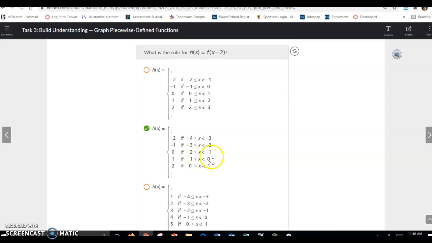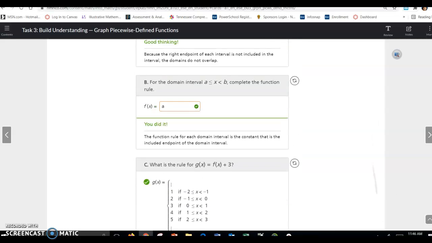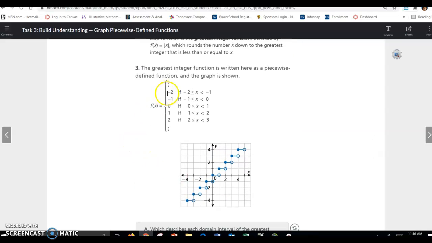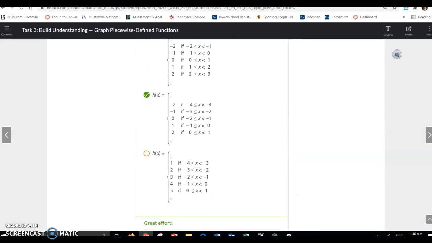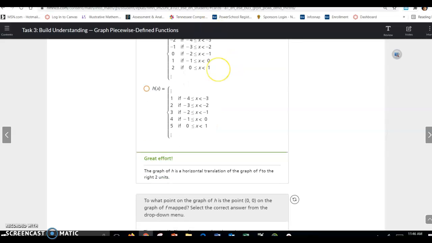When we shift horizontally, left and right, that means our x, that's our domain, is moving. Okay, so that's why we went from up here, way up here. So here we had -2, and it went from -2 to -1. Well, these numbers didn't switch, but the domain all shifted over 2 units. All right, and you can see that's how these shifted over 2 units. That's because this represents a horizontal movement.